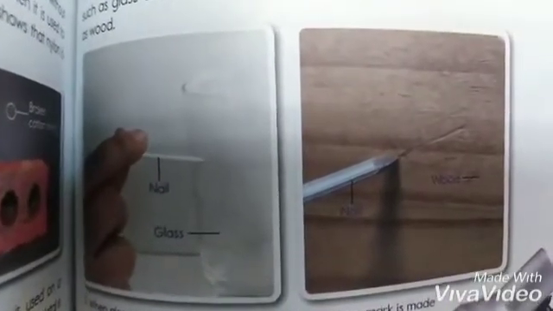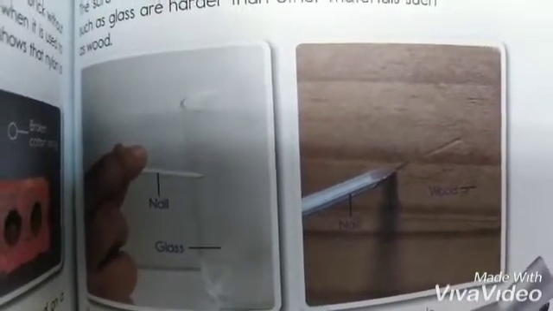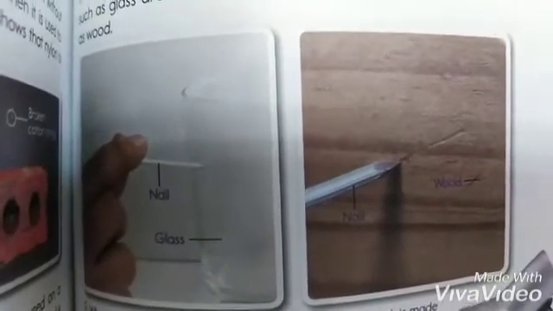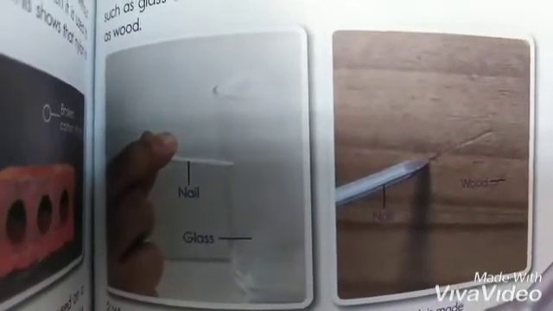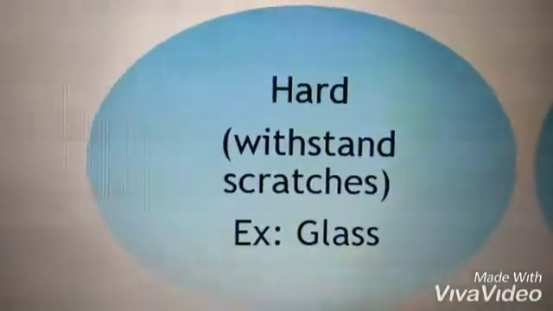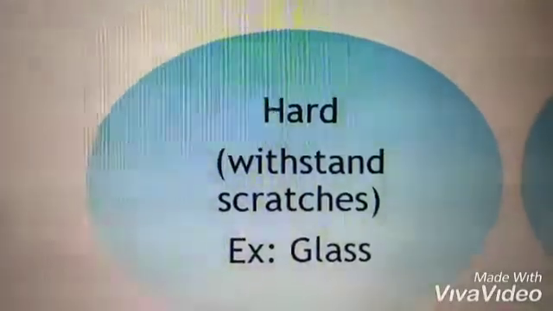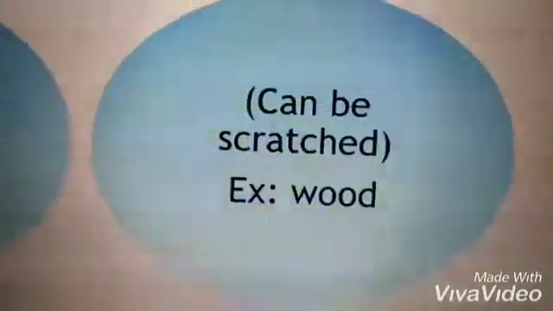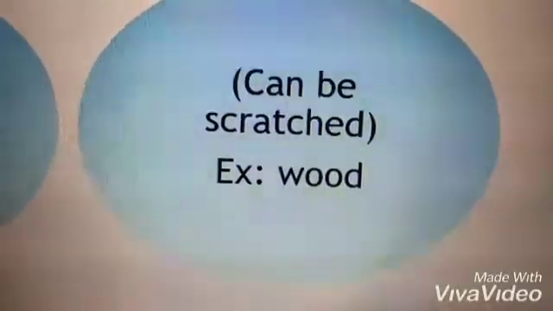Notice that when you try to scratch the glass cup, it will not scratch easily, while when you try to scratch the wood, it will leave a mark and it will be scratched. So glass is an example of materials that withstand scratches, or are hard to scratch. Wood is an example of materials that can be scratched.